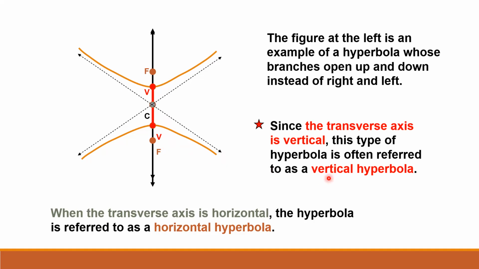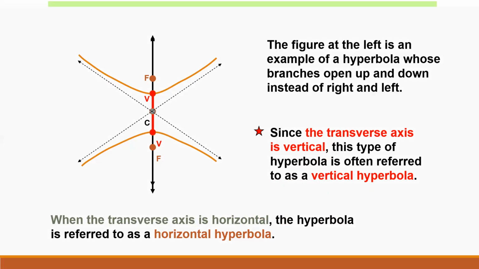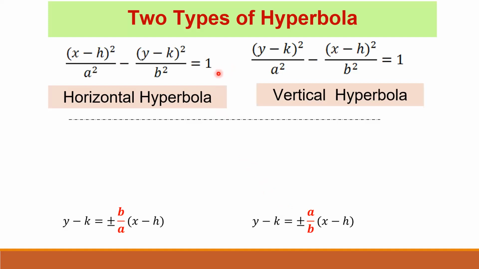Here in the hyperbola, whether it's vertical or horizontal depends on the transverse axis. Needless to say, while the ellipse has a major axis, the hyperbola has a transverse axis. Okay? So we have two types of hyperbola as we've been mentioning: the horizontal hyperbola and the vertical hyperbola.